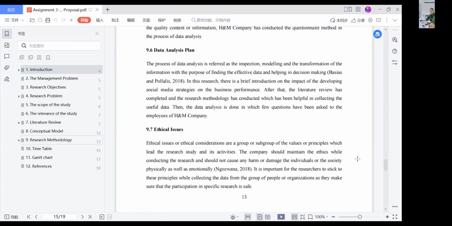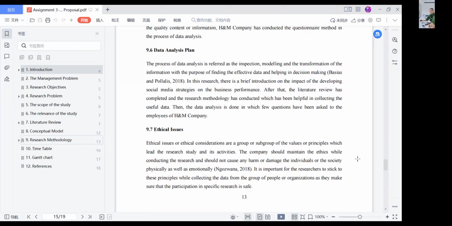Next is the data analysis plan. The process of data analysis is referred to as inspection, modeling, and transformation of the information, with the purpose of finding effective data and helping decision making.